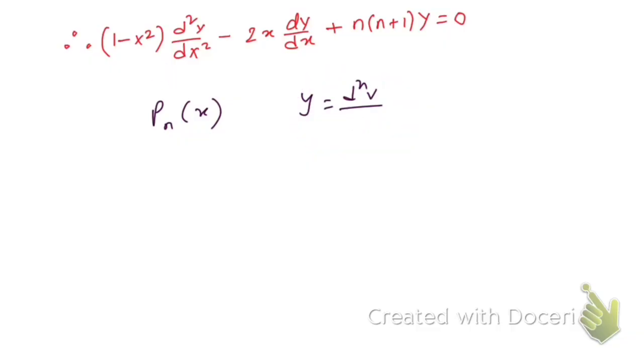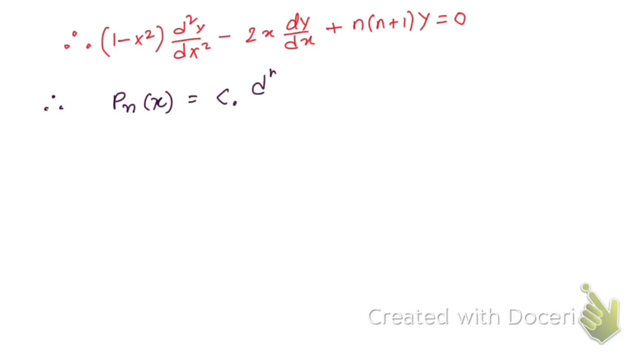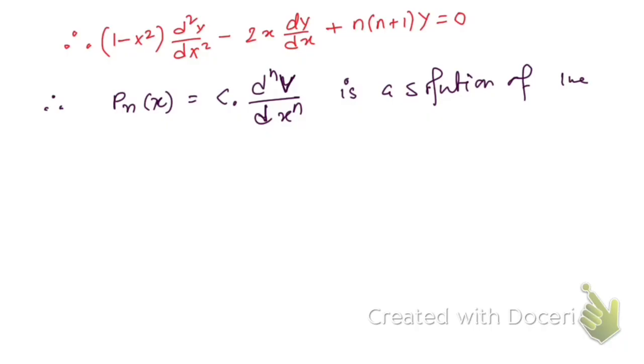So we can write that this Pn of x must be equal to some constant into the nth order derivative of v with respect to x, which is a solution of Legendre's equation, or of the above equation. We can write this way.